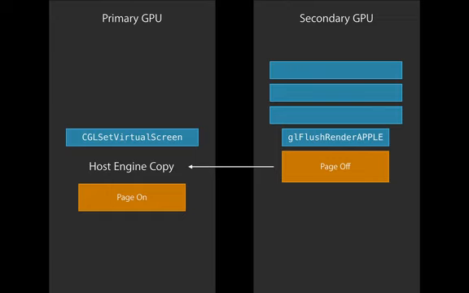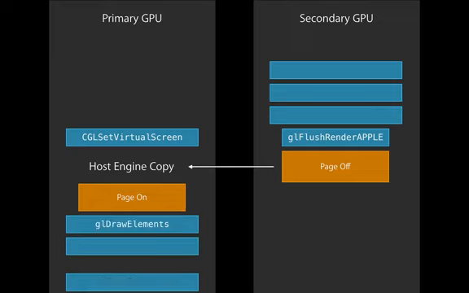When the runtime detects that CGL set virtual screen call going to the primary GPU, it in turn will page off the data from the secondary GPU after those previously flushed commands have been executed, and then page it on to the primary GPU so that I can execute my draw calls and continue working with the data on the primary GPU.